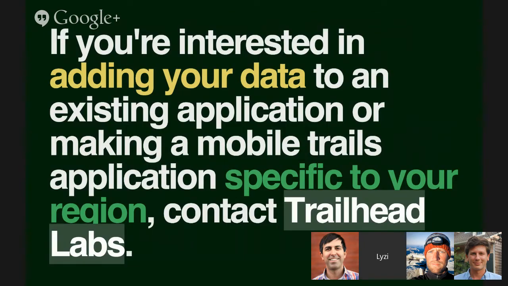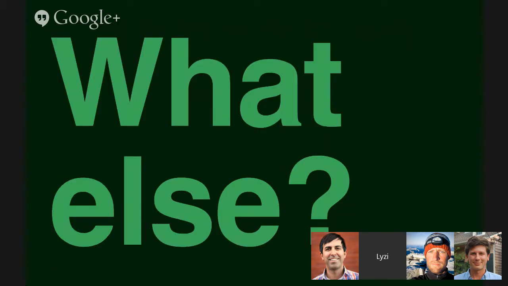Either way, if you're interested in adding your data or making a mobile trails application specific to your region, you can contact Trailhead Labs and they'll help you get set up. It's really awesome to be able to provide to your visitors a cool application that shows your data that they can just use right from their pocket. So this is a great thing that you can do with your OpenTrails data.